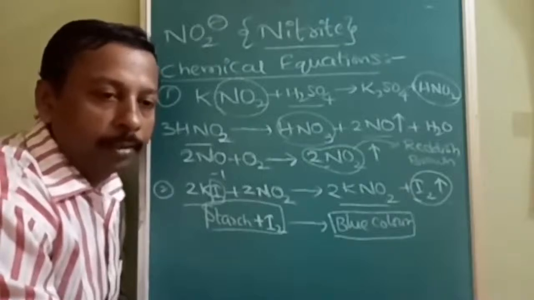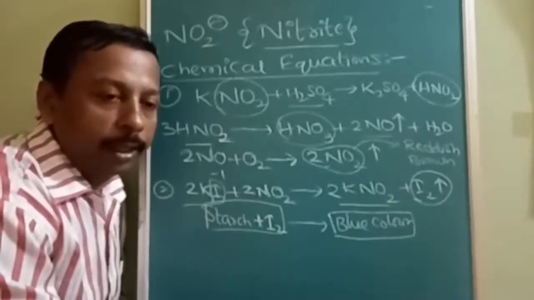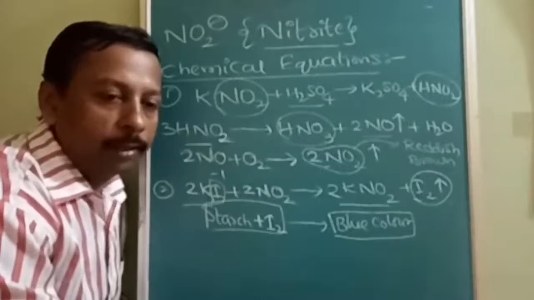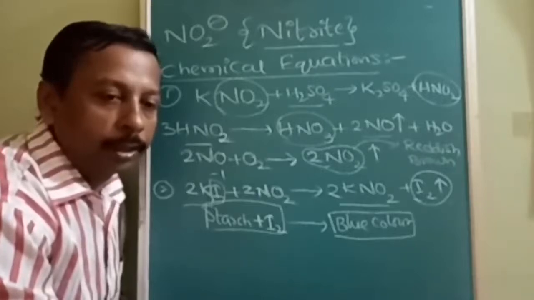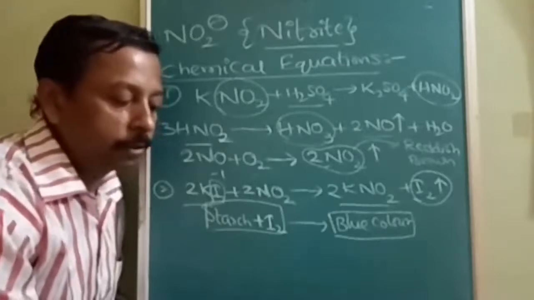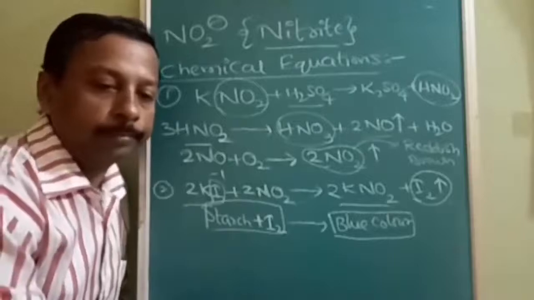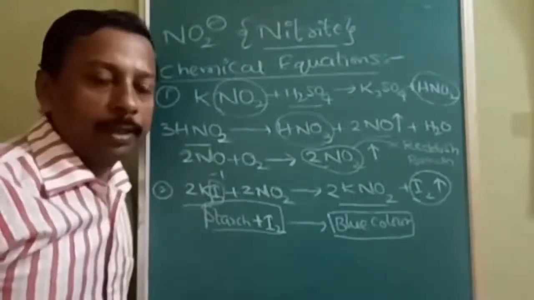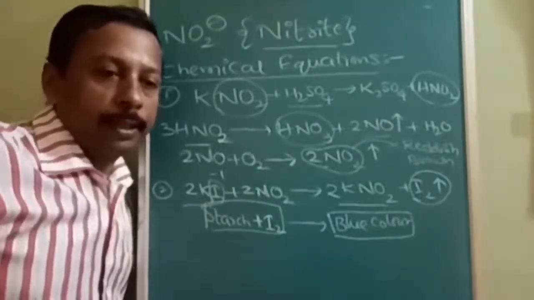Iodine is a sublimate. Iodine directly converts from solid to vapors or gas. So that gas, when it comes in contact with starch paper, is converted into blue color. Okay. These are some tests for group 1 acidic radicals.